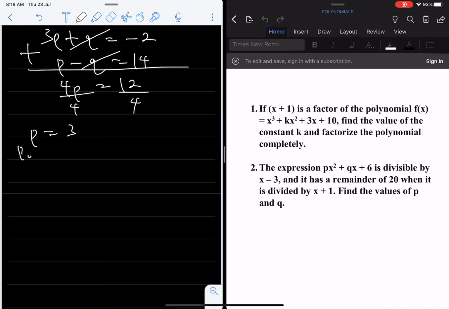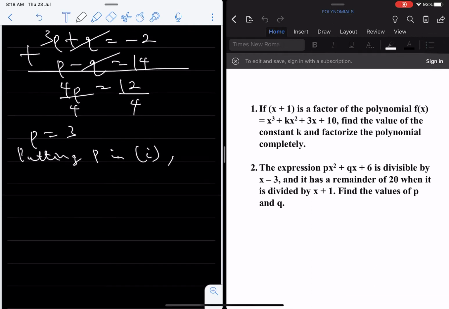Now putting p in either of the two equations, I've chosen to put it in 1. Putting p in 1, which means 3 times 3 plus q equals minus 2.